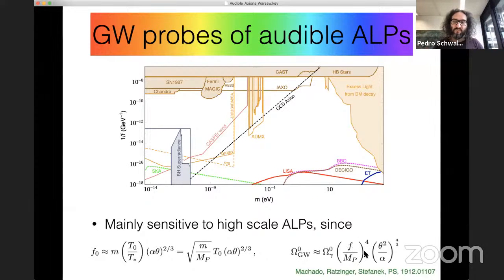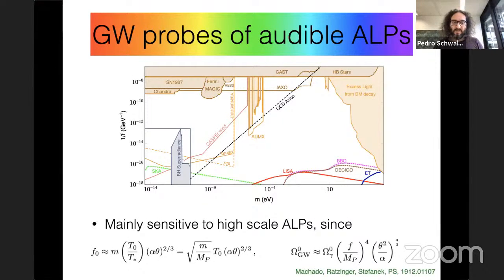That's why it depends on the fourth power of this ratio, f over M Planck, and why we're only sensitive at very small couplings, at very large decay constants. And then the peak frequency, that's why you have this region here, depends on the axion mass. Obviously, it depends on when the axion starts rolling.